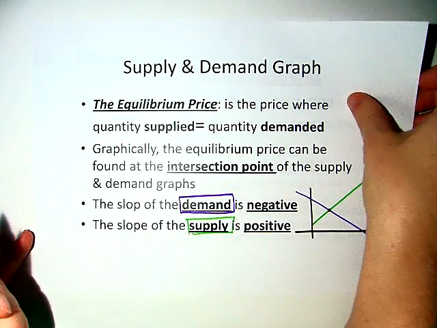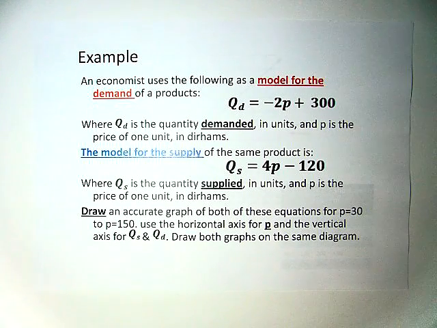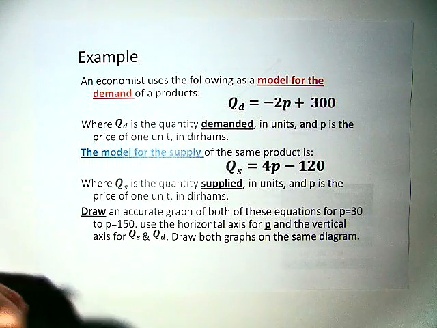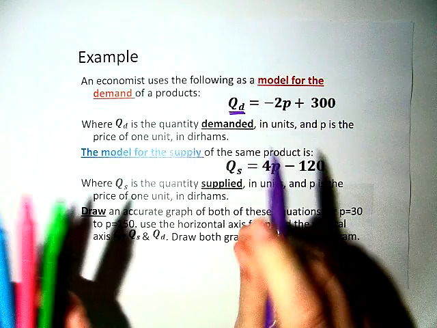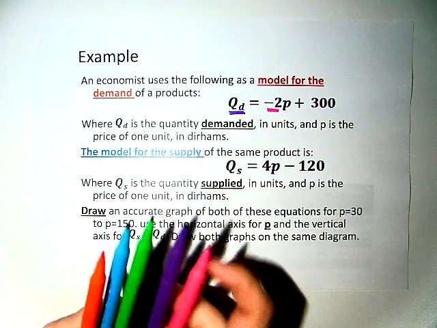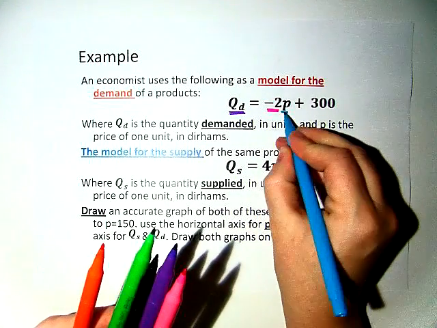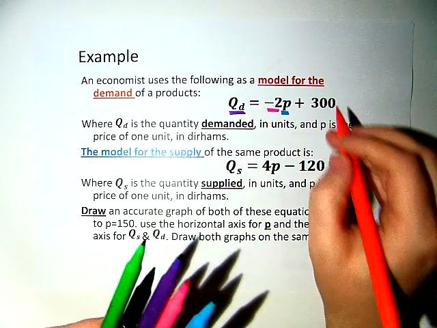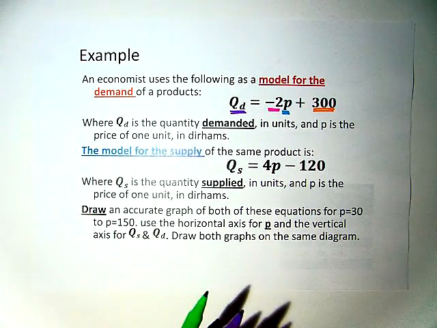Let's actually try a problem on this and see how you do. An economist uses the following model for the demand of a product. The quantity demanded equals -2p, that's our slope, p is our independent variable, plus 300, that's the intercept.